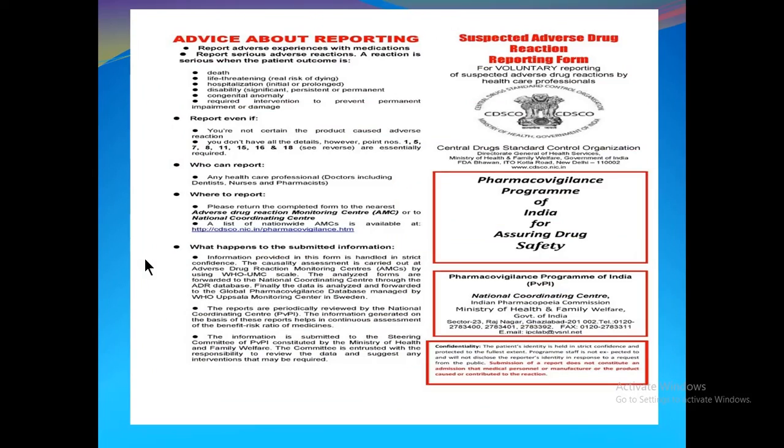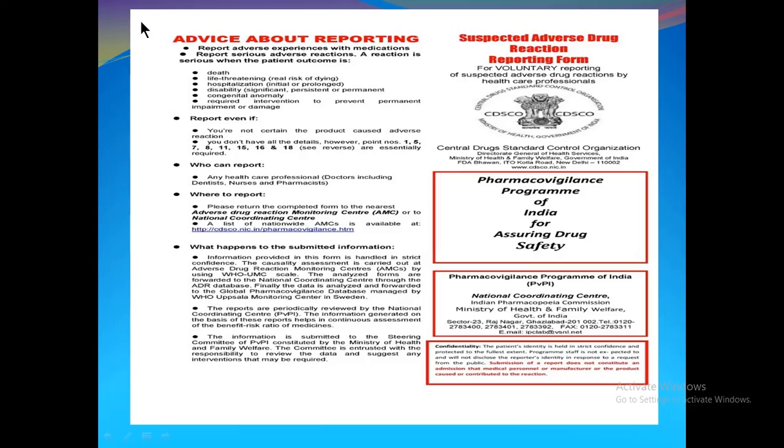Now look at the back side of the suspected ADR reporting form, where guidelines about reporting have been mentioned broadly in 6 different points. Adverse experiences following any medication should be reported.